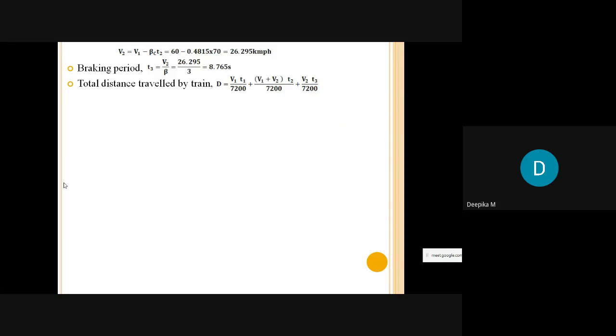So what is the total distance traveled by the train, which is nothing but V1 T1 divided by 7200 plus V1 plus V2 into T2 divided by 7200 plus V2 into T3 divided by 7200. So this we have derived in the quadrilateral curve. So this formula we are going to use now.